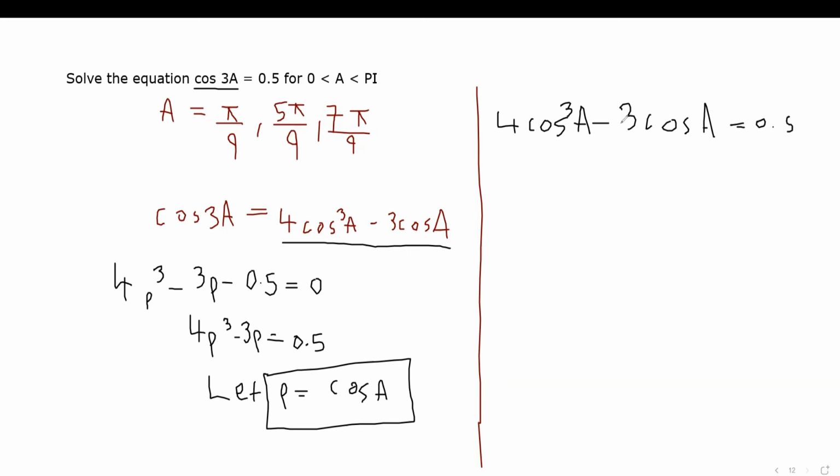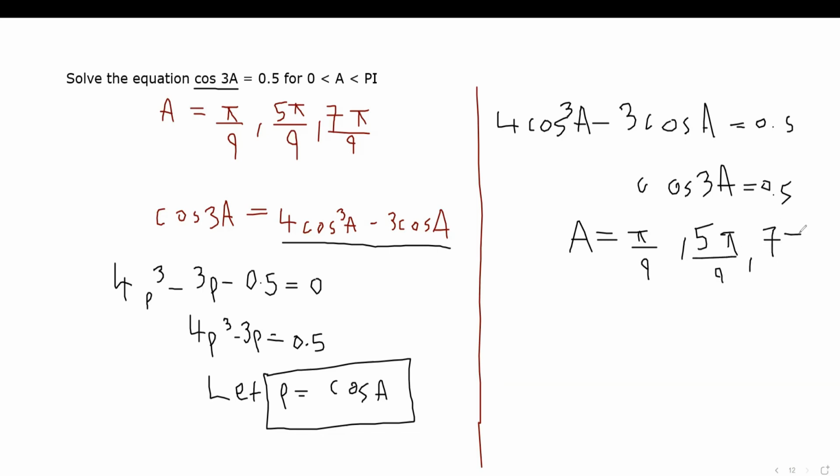This part is just cos 3a. So we're just solving cos 3a equal to a half. We already know what a is supposed to equal: pi by 9, 5 pi by 9, and 7 pi by 9. So this is going to be a.